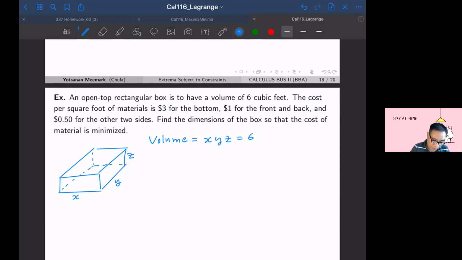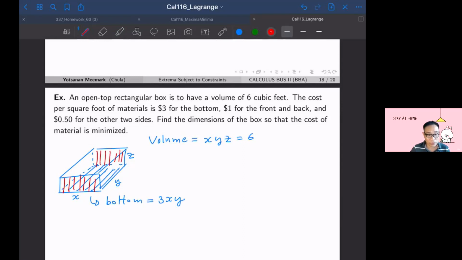For the bottom, it's $3 per square foot. The area of the bottom is xy and it costs $3. So that's my bottom. And $1 for the front and the back. So it's going to be here and here.